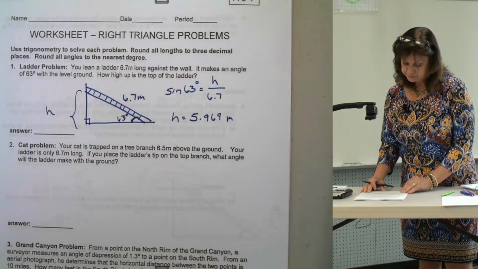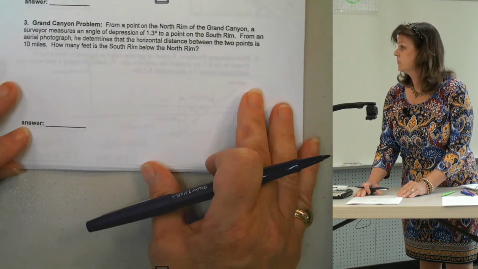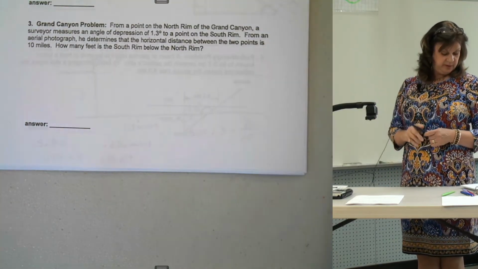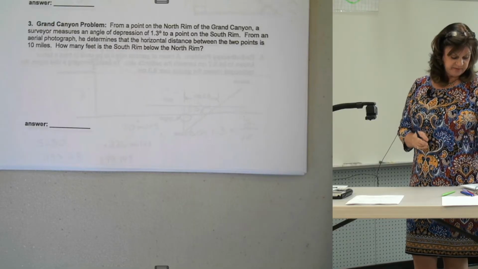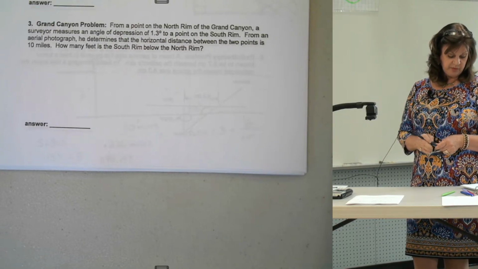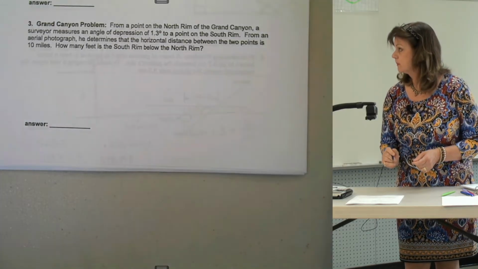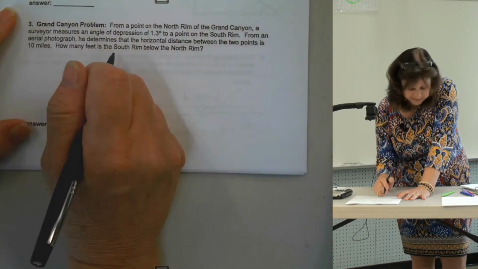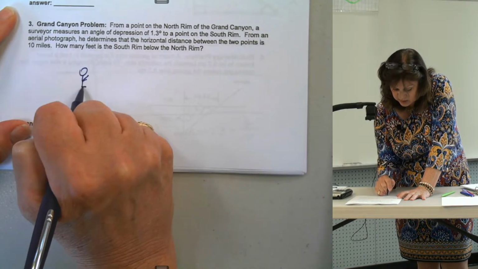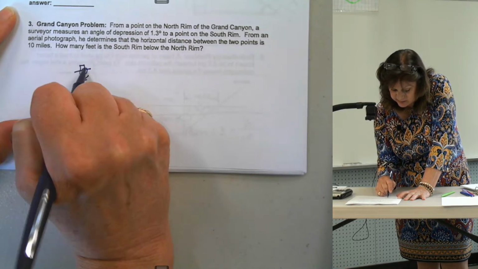Okay, let's go on to 3. This one's a little tricky, but not too bad. From a point on the north rim of the Grand Canyon, a surveyor is measuring an angle of depression of 1.3 degrees to the south rim. So I've got a surveyor. It's hot, so he's wearing a hat, I'm sure.